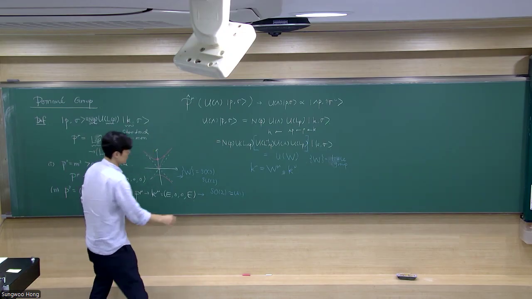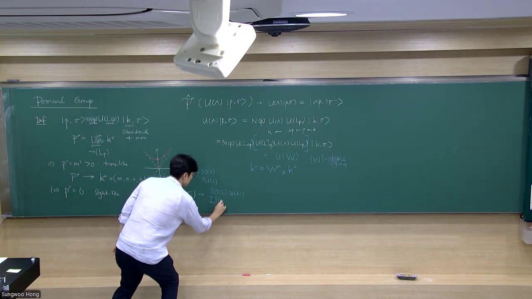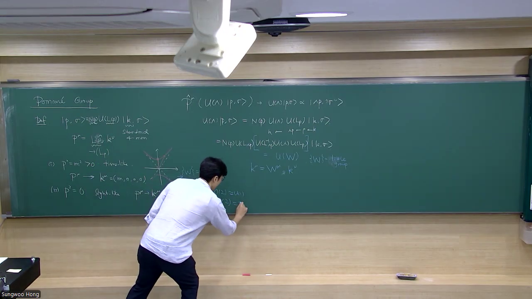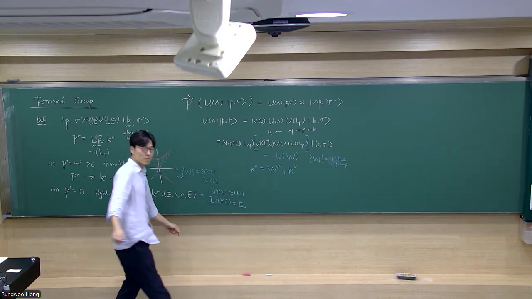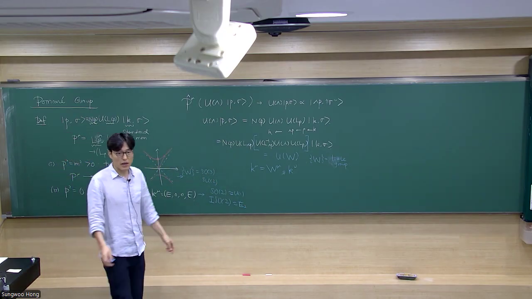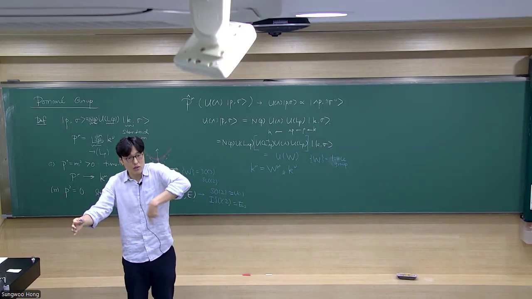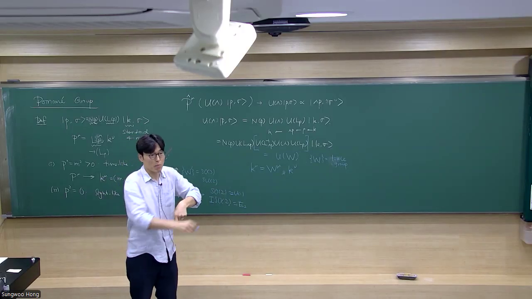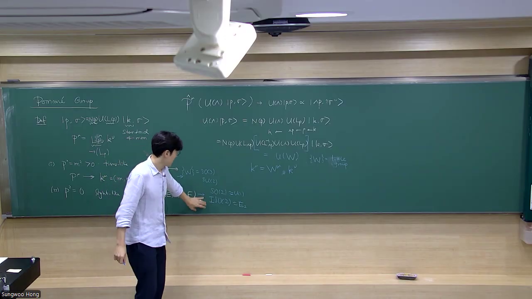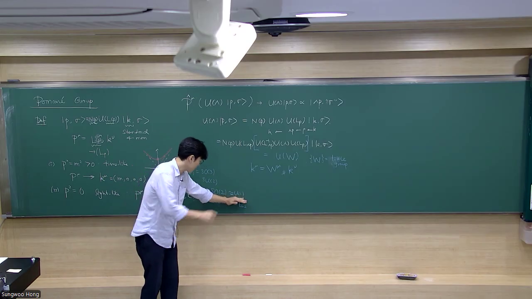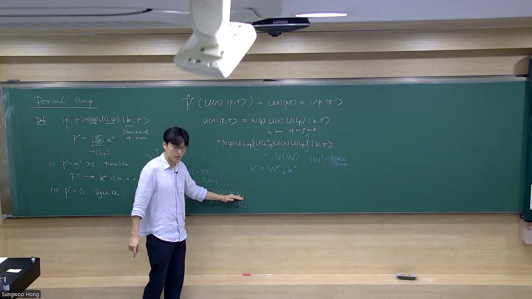It turns out that a slightly more precise analysis shows that the actual little group is ISO2, otherwise known as the two-dimensional Euclidean group. Two-dimensional Euclidean group basically means you imagine that there's a two-dimensional plane, and there's a rotation one can do, but you can also do the translation along that plane. Okay, so that's that. There's a sort of physics discussion one can think about, but eventually it is sufficient to think about this point.